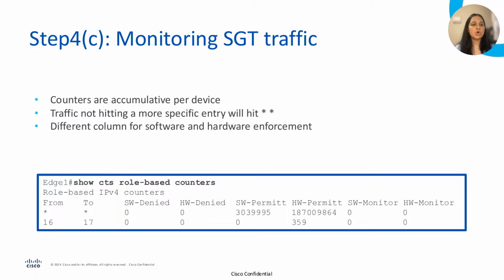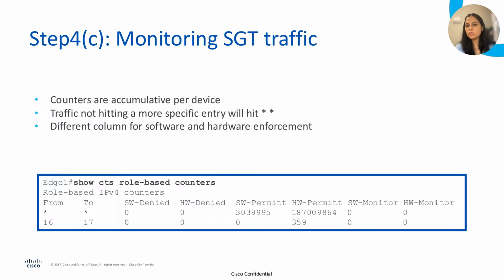The other thing is monitoring SGA traffic. The other command that could be used is show cts role-based counters, which shows the counters for hardware and software traffic between the SGTs that are captured by the switch. Here, we will focus on the hardware switch traffic between SGT 16 and SGT 17.